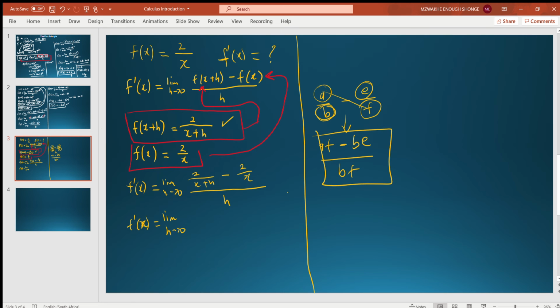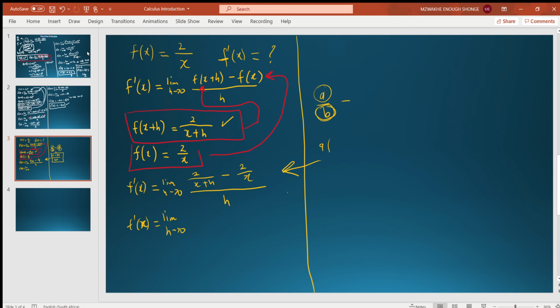This is the same method you have to use here. This is the easiest method I know of adding or subtracting fractions.